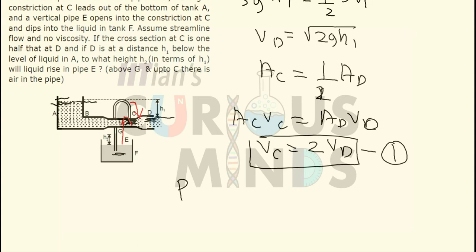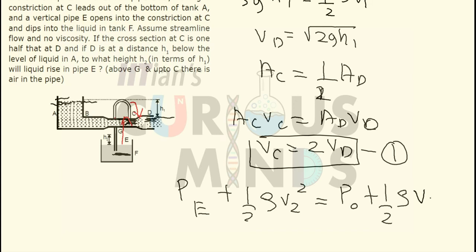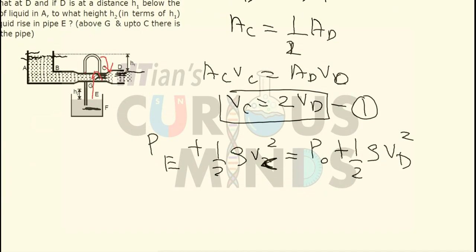Let P be the pressure due to the rise of the liquid at E, plus half rho v2 square, will be equal to P naught plus half rho v1 square, where 2 is Vc and 1 is Vd square. I have applied Bernoulli's equation. Now what is the pressure applied at point E?